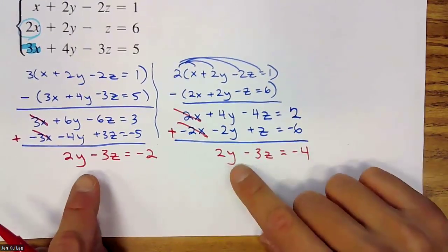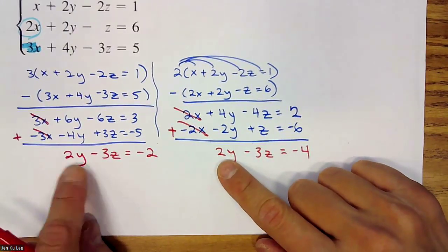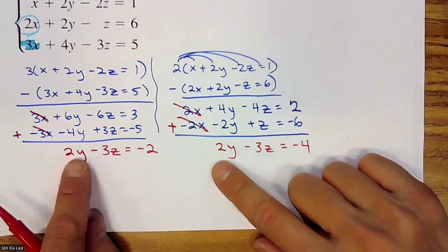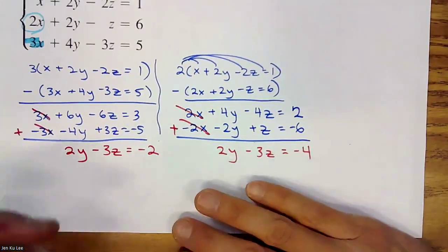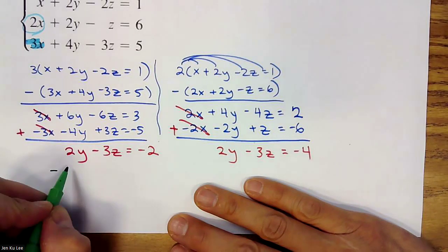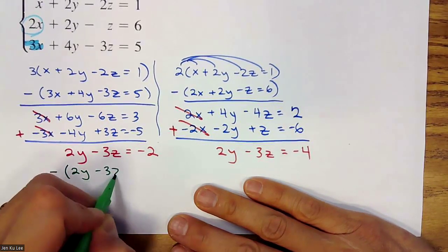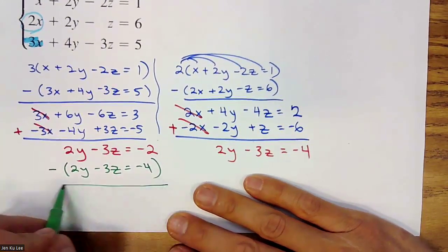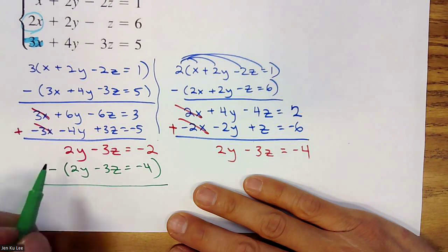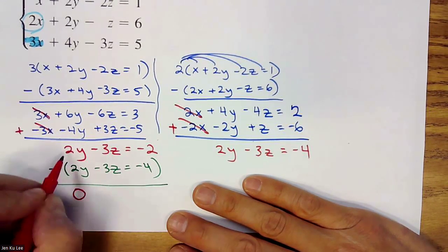So then I try to go ahead and subtract the 2, right? 2y minus 2y, they're going to cancel out. So if I subtract, I'm just going to use this one here. 2y minus 3z equals negative 4. Can you guys already see it? 2y minus 2y, that's a 0, right?